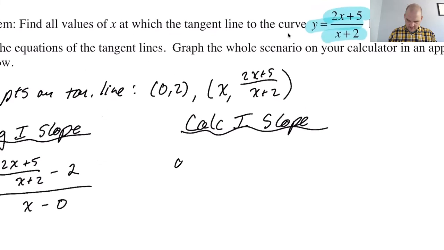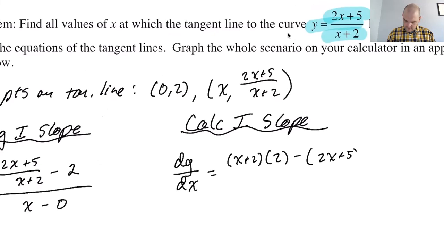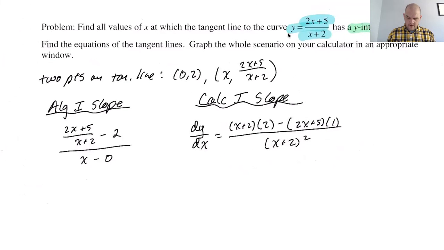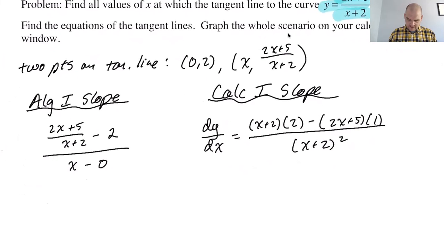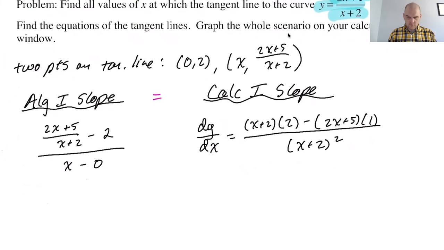So that's going to be dy/dx or y prime, whichever you prefer. Bottom times derivative of the top minus top times derivative of the bottom, all over the bottom squared. These are both ways of writing the slope of the tangent line or the slope of the curve at that exact point, which means that these should be equal.